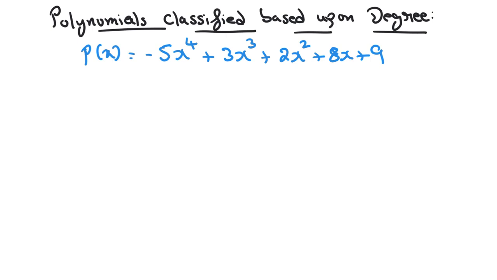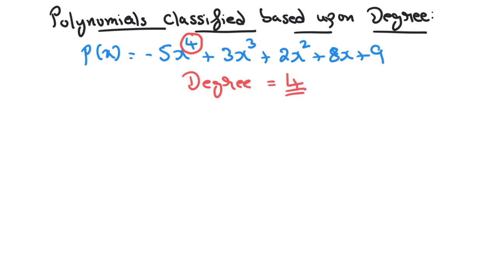Now, the question is, what is the highest power of the variable in this polynomial? The highest power of the variable in this polynomial is 4. So we say that the degree of this polynomial is 4.